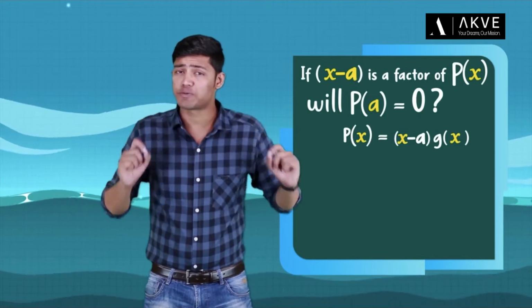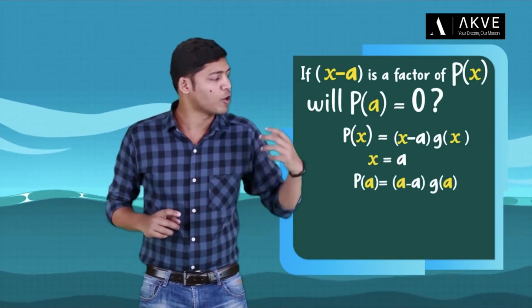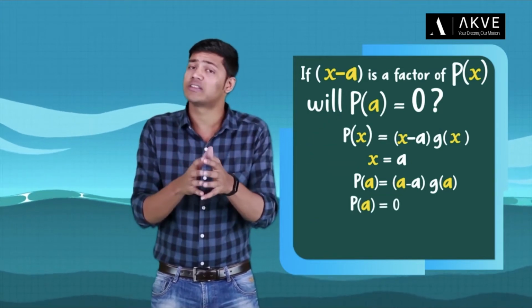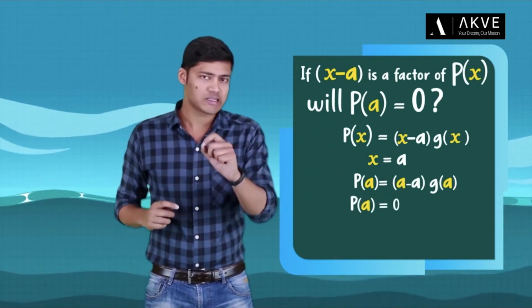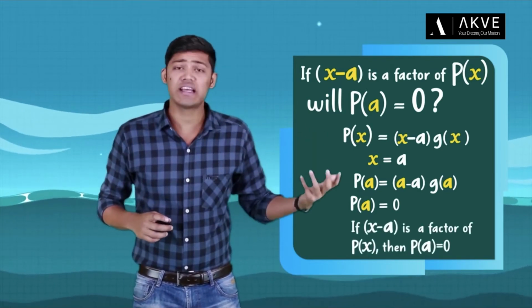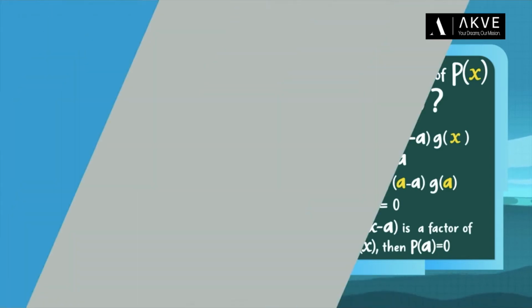Now, if we substitute a in place of x, we can clearly see that p of a will be equal to 0. Therefore, the converse is also true. That is, for any polynomial p of x, if x minus a is a factor, then p of a will be equal to 0. Now let's solve some problems on the factor theorem to understand it better.